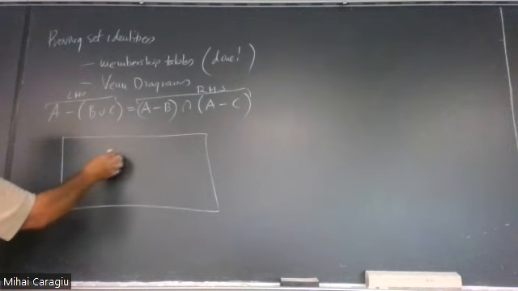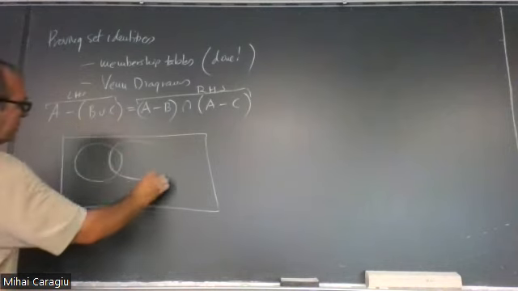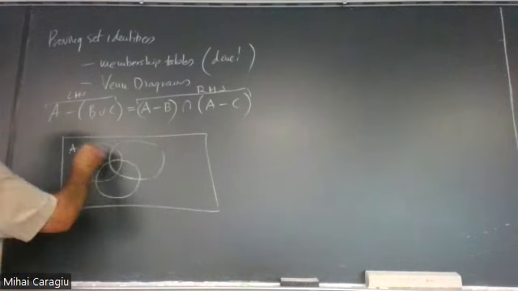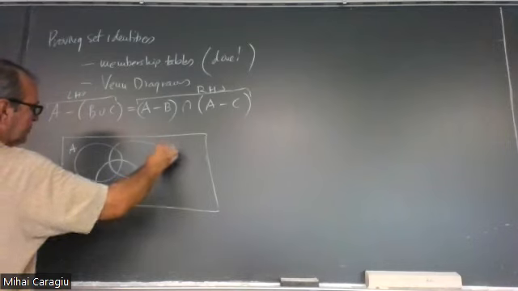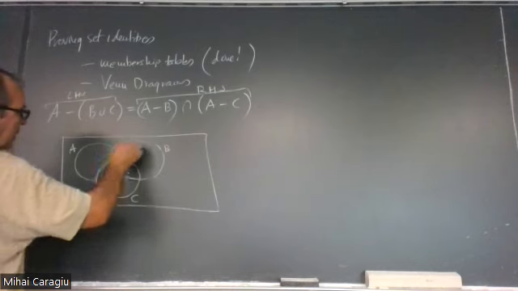In this universal set, write down the sets A, B, C so that all pairwise intersections show up. This is A, this is B, this is C. Okay, so A minus (B union C). B union C is this one.